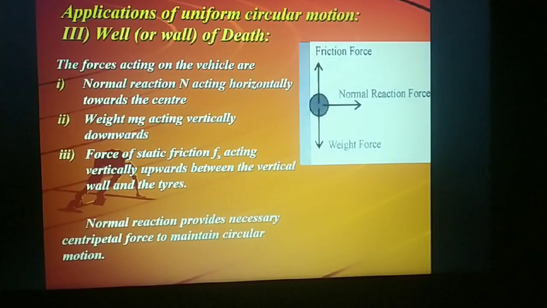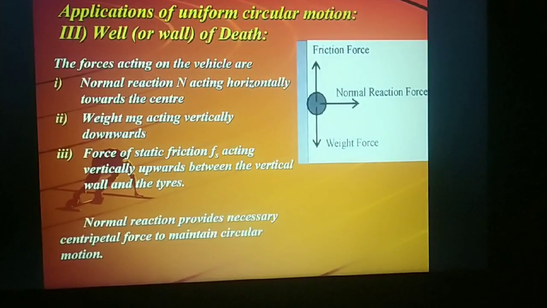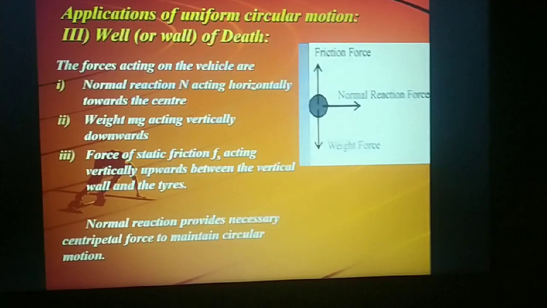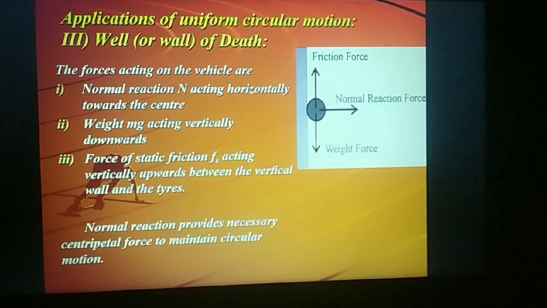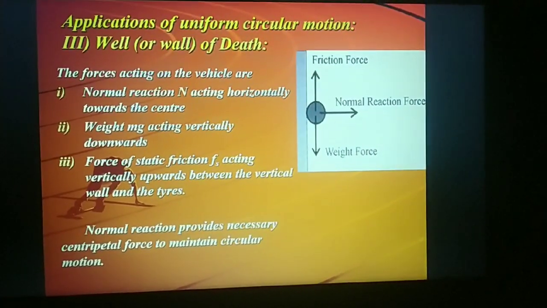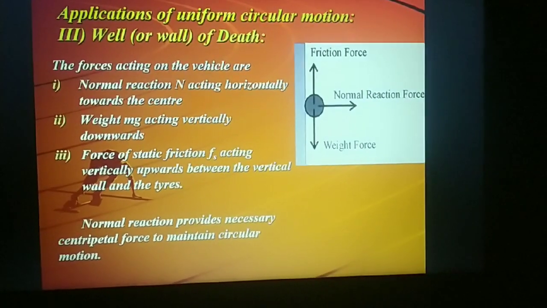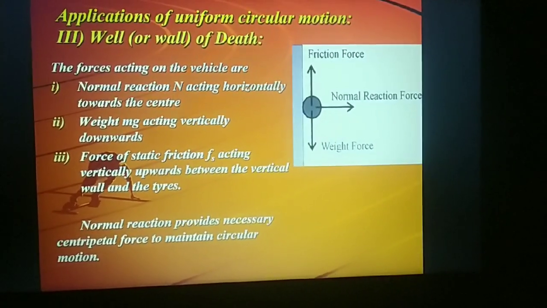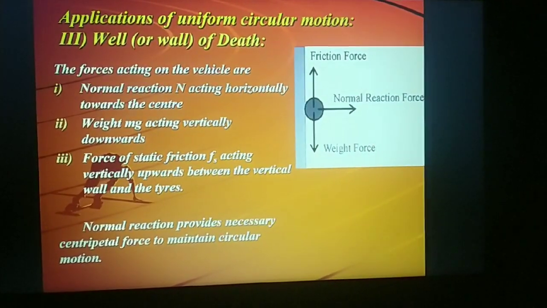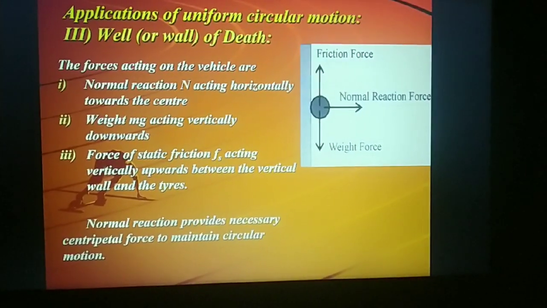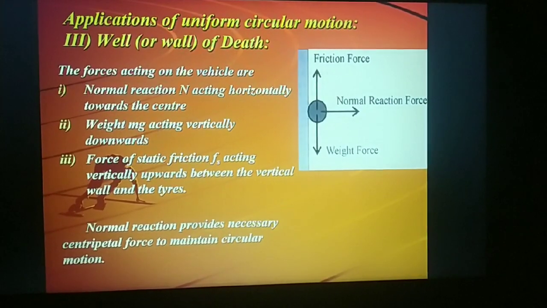Next, the weight of the vehicle acts vertically downward, and opposite to that there will be the force of static friction between the tire of the vehicle and the wall, vertically upward. The necessary centripetal force which maintains the circular motion along the horizontal circle is provided by the normal reaction, as you can see in the vector diagram.